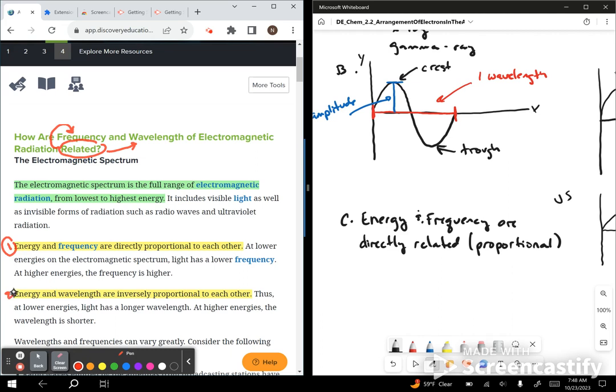Now number 2, energy and wavelength. That's different. Energy and wavelength are inversely proportional to each other. At lower energies, light has longer wavelengths.